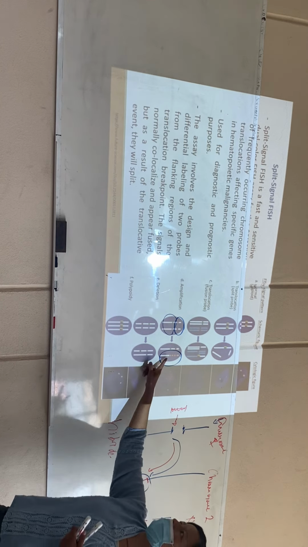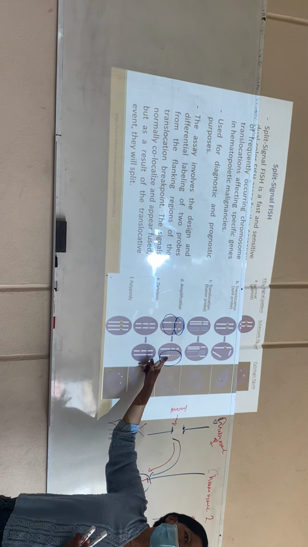However, in the abnormal gene, I'm going to have several of them, and then I'm going to have several probes attaching here. Then the fluorescence is going to be higher than this. Yes or no? So by detecting differences in the intensity of the fluorescence, I can detect this type of abnormalities.